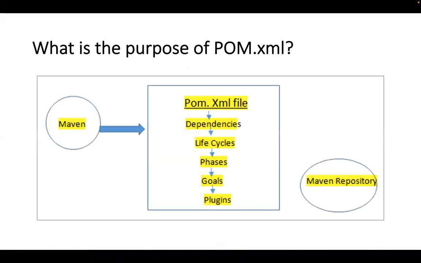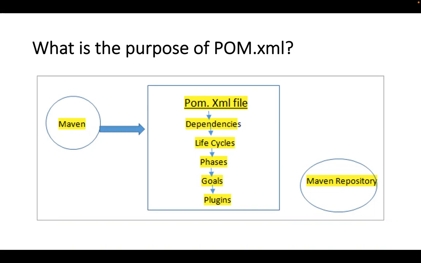So what is the purpose of pom.xml? This file can have dependencies. Dependencies meaning we can have multiple libraries added using this file. Then we can define the life cycle of the project. Life cycle means what are the actions that I have to do sequentially.